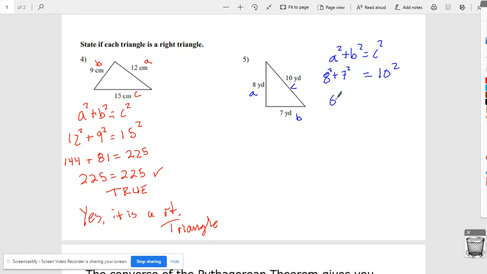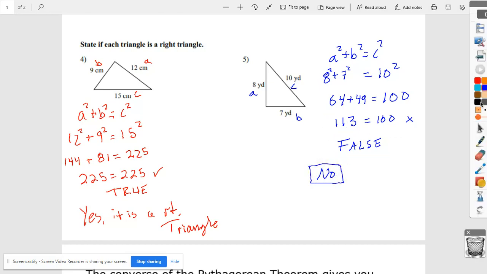Well, 8 squared is 64 plus 49 equals 10 squared is 100. 64 plus 49 is 113 equals 100. No, it does not. That is false. So is this a right triangle? No, it is not a right triangle.